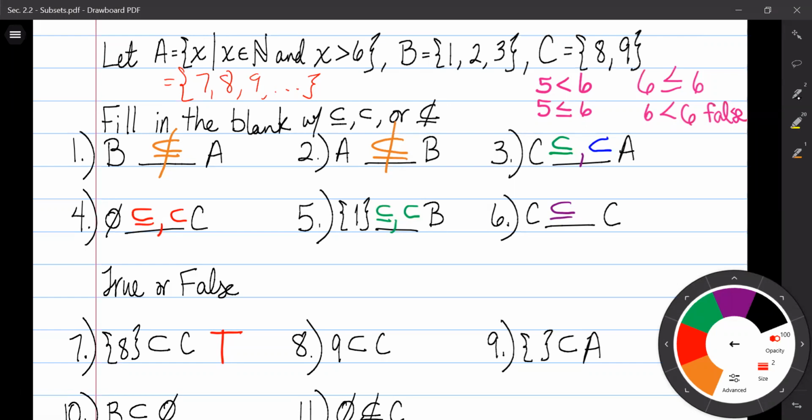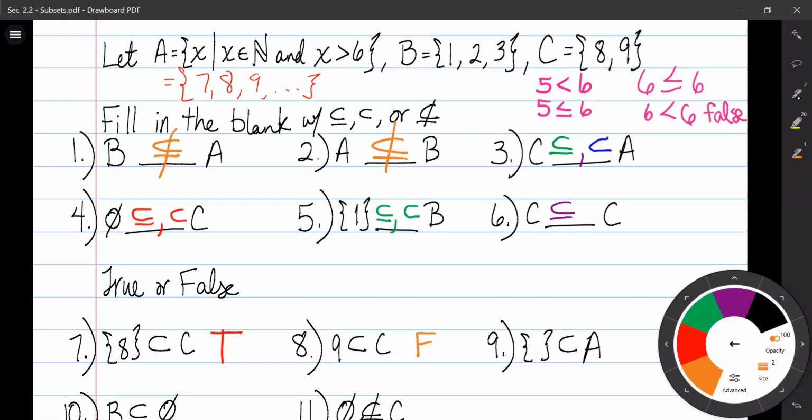All right, number 8 says 9 is a proper subset of C. That is actually false. I talked about this a little bit last time, the difference between a set that contains a number versus the actual number itself.